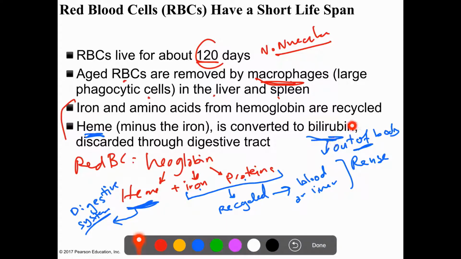And by the way, bilirubin is the one responsible for the color of the feces. And as I said, it is coming from the heme pigment. Whereas the iron and the proteins would be recycled into the blood or stored within the liver and within the spleen till they are going to be reused.